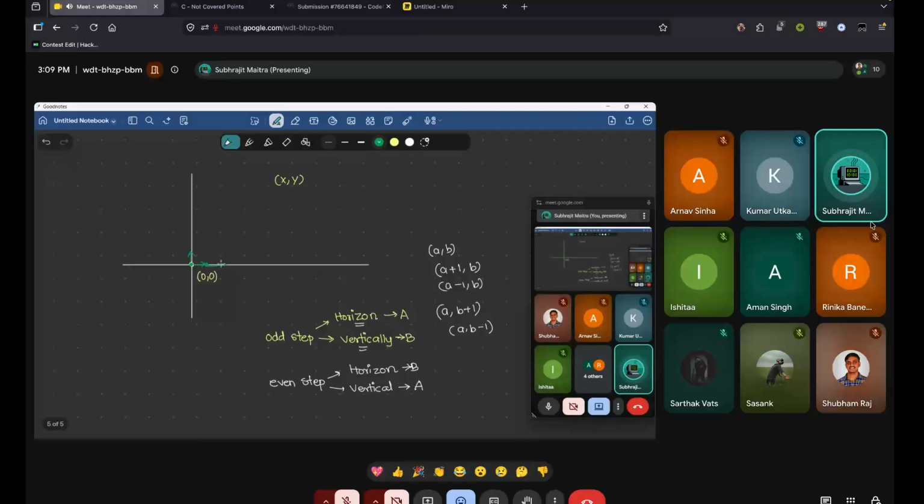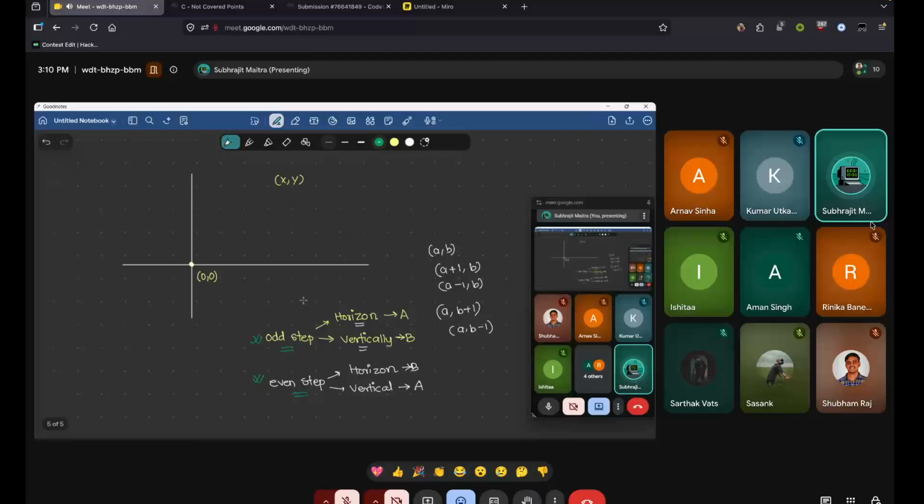If I go horizontal, I'll add B. If I go vertical, I'll add A. And finally, if I reach this position, I'll see which one gives me a minimum cost. But this one is becoming very implementation heavy. I was so confused while writing the code about how to manage so many things together. That time I thought, how can I skip this odd and even step thing? This is the one causing the main issue in implementation.